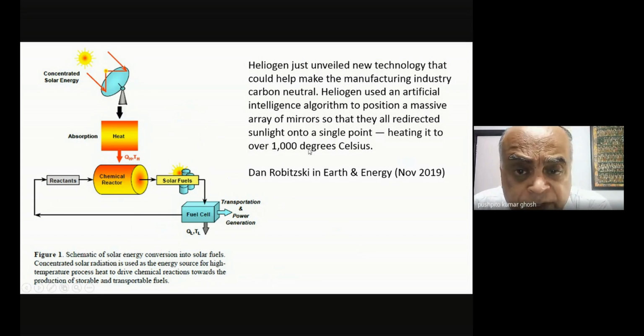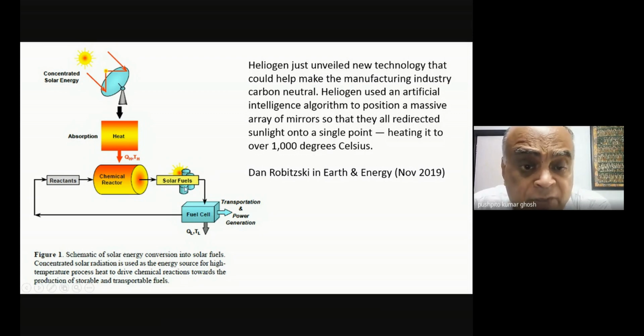Because they can reach temperatures in this particular case of something like 1000 degrees centigrade, there are certain chemical reactions they are able to induce, and that is a great solution, because I may finally want to just store them as chemicals, and those chemicals can be combusted and you can generate your energy. So I'm not just storing the heat as heat, but in the form of chemical energy, in the form of fuels.